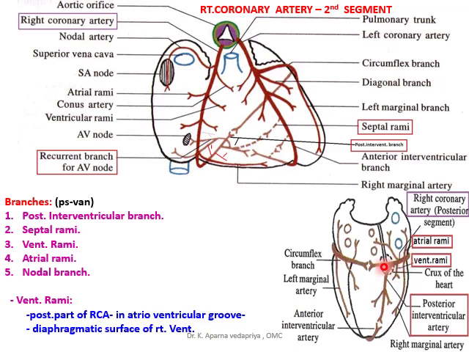This is the posterior aspect figure. This is the right coronary artery, which is anastomosing with the circumflex branch, a little left to the crux of the heart. So these are the ventricular rami, supplying the diaphragmatic surface of the right ventricle.